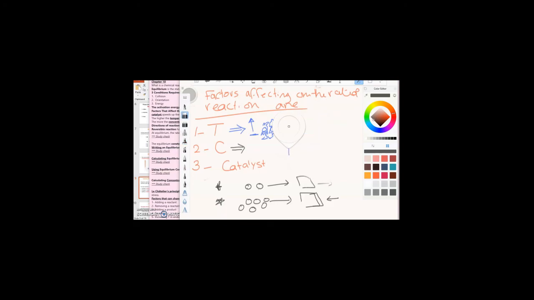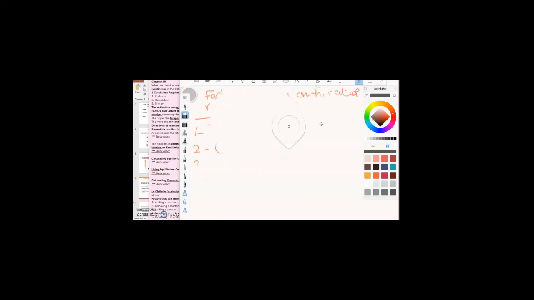The third condition is the catalyst, the presence of catalyst. So the presence of catalyst is number 3. What is a catalyst?